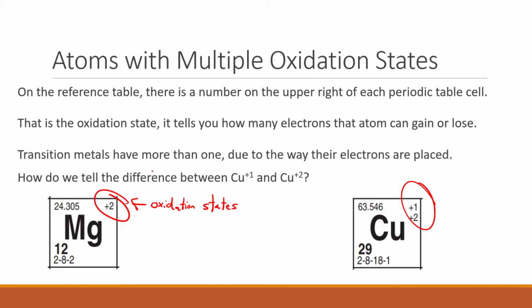What that means is that these are the possible charges for this element. It lets us know that magnesium can only be a +2. It can only ever lose 2 electrons, which makes sense with what we know about valence electrons.